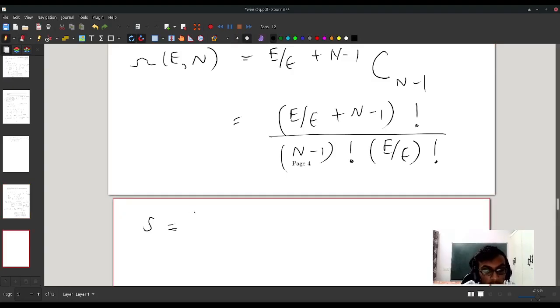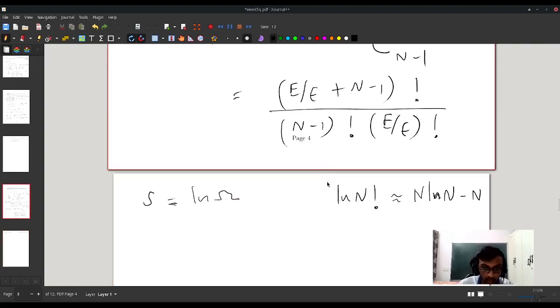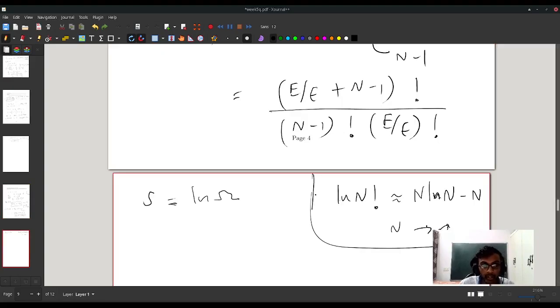So S is going to be ln omega, and since we are interested in the thermodynamic limit anyway, we can use Stirling's approximation, which says ln n factorial is n log n minus n. This is the leading contribution to log n factorial. So we can use this Stirling approximation to simplify this further.